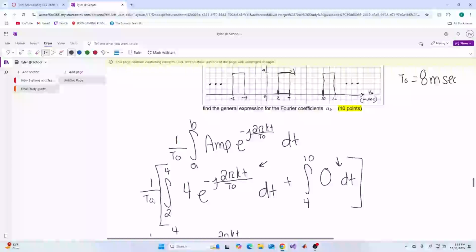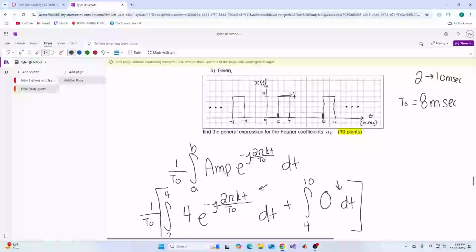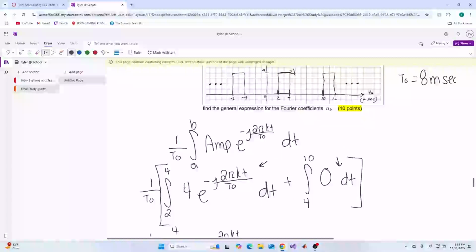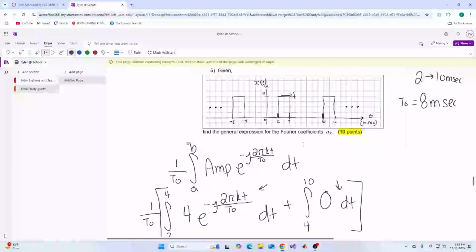So I have 1 divided by t sub 0, and then from 2 to 4, 4 e to the negative j 2 pi kt divided by t0 dt plus, and I do that for any more amplitudes. Like say I had an amplitude here of negative 6, then I would throw the negative 6 in here and then work that out.